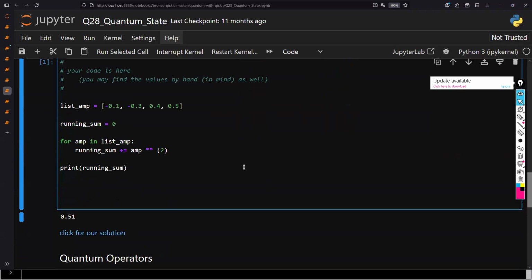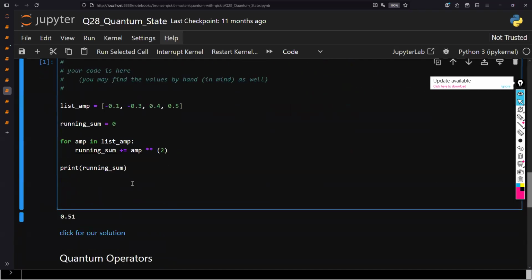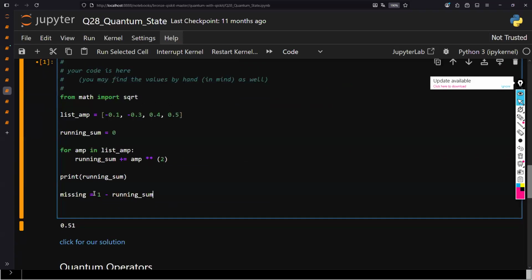So if we search for A, we also need to import a square root because we won't get a proper answer.